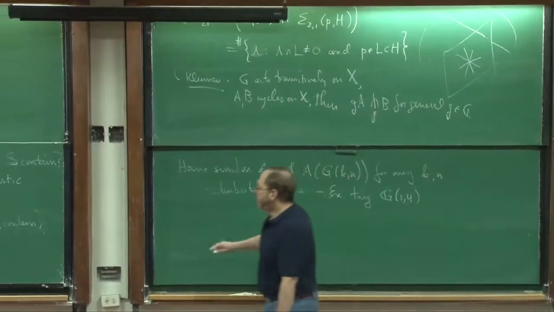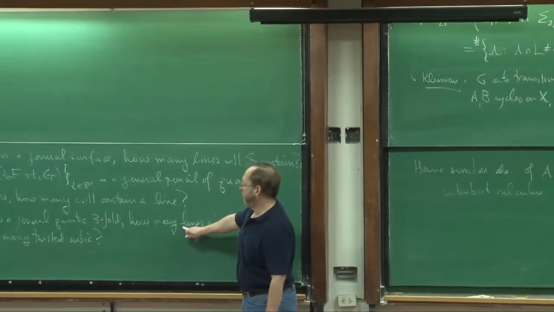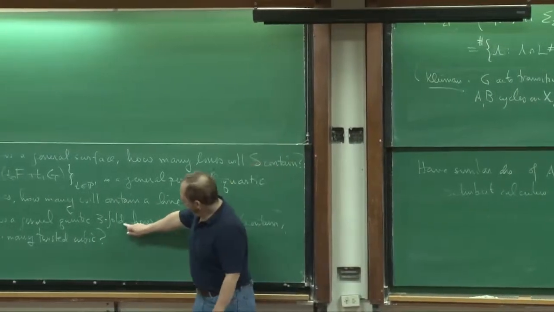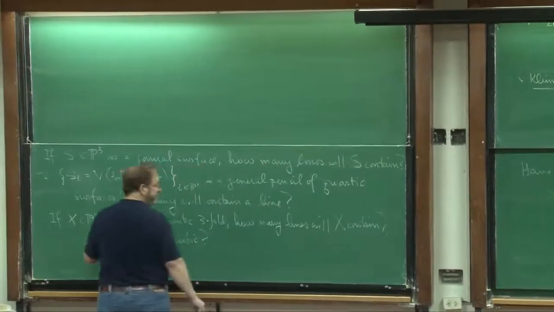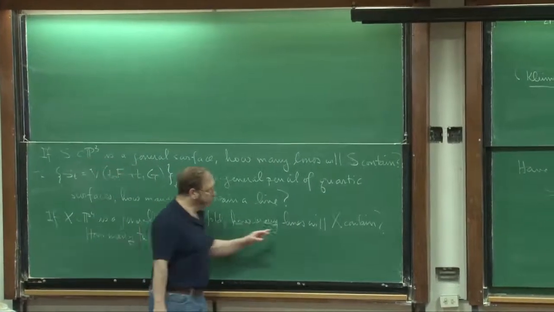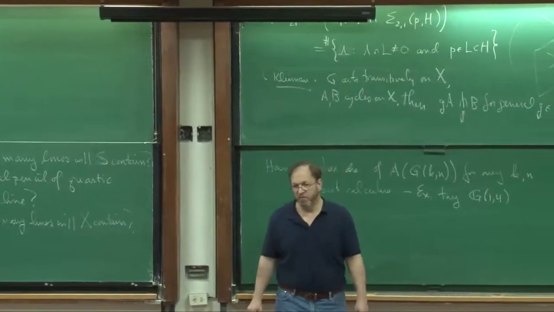It's also going to be relevant when we ask a question like the third question here. If we look at a hypersurface in P4 and we ask whether it has lines, we are going to be working, as we'll see in a moment, in the Grassmannian of lines in P4.